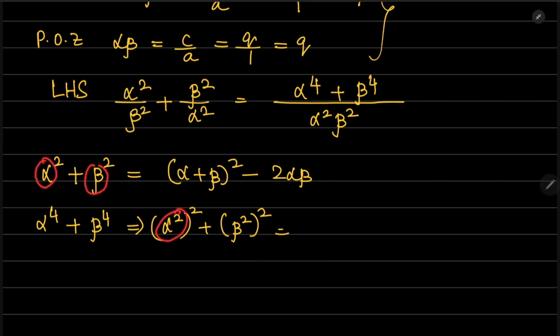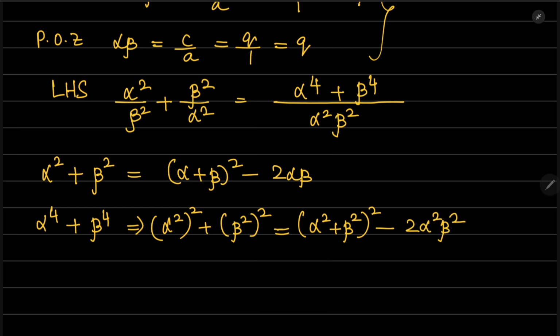In place of beta, I have got beta square. So, replace alpha with alpha square and beta with beta square in this particular identity. So, it will be alpha square plus beta square the whole square minus 2 alpha square beta square. Is it correct? Now, this is the formula for alpha to the power 4 plus beta to the power 4.